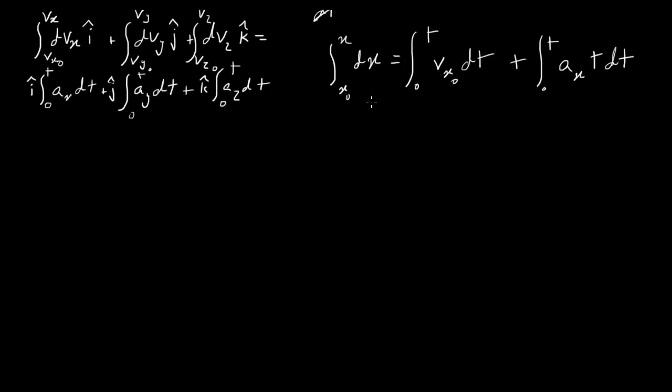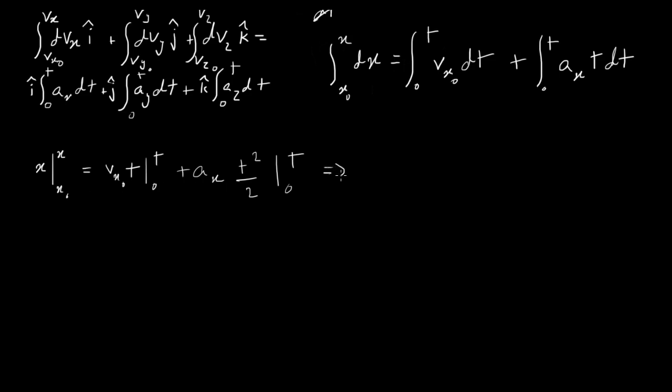Now taking the integral, I have x from x naught to x equals vx naught is a constant, t from 0 to t, plus ax comes out of the integral because it is a constant, then the integral of t is t square over 2 from 0 to t.